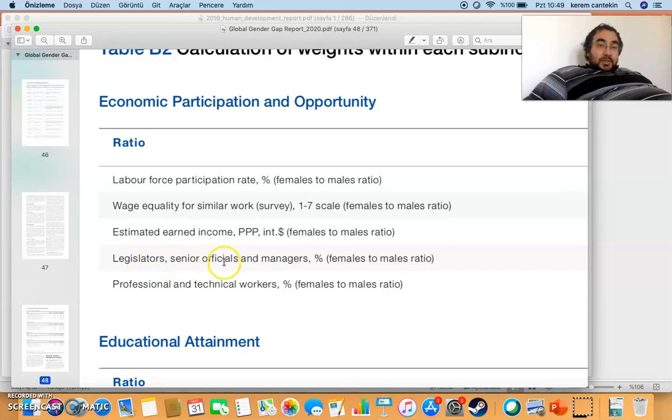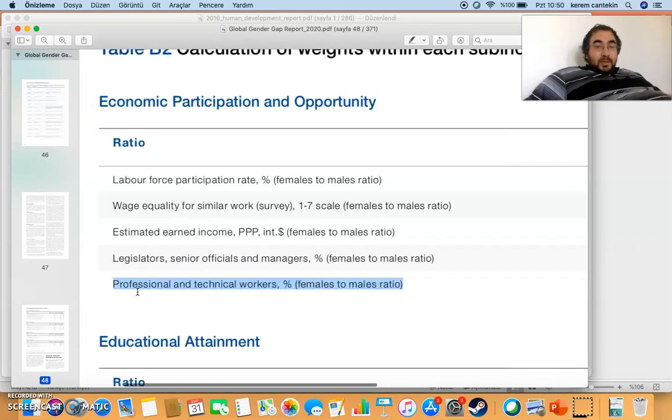Legislators, senior officials, managers, percentage of females to males. These are upper, administrative positions mostly, and professionals and technical workers are skilled positions.